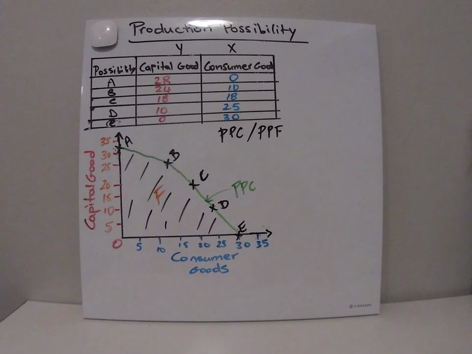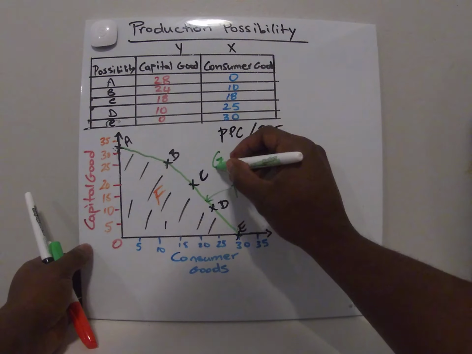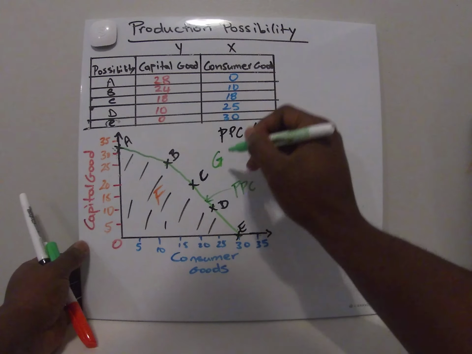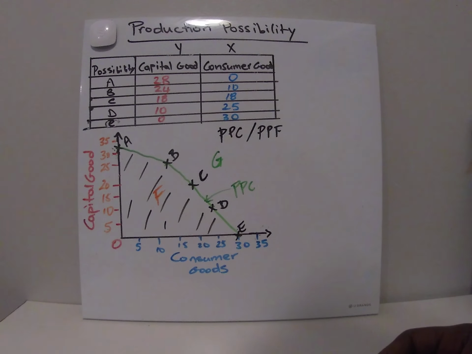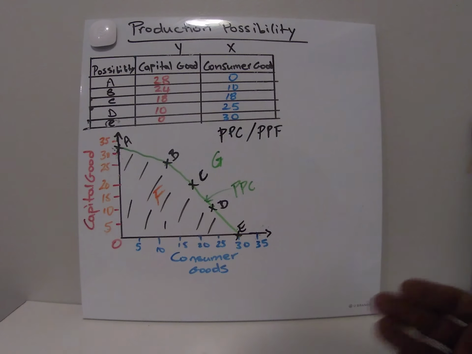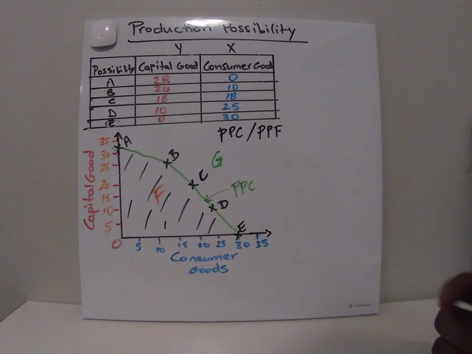Then I'm gonna inject a point G on the outside to show our unattainable point. So point G, anything above or closer to point G, is unattainable, while anything inside the PPC, which is to the left, is inefficient use of resources.